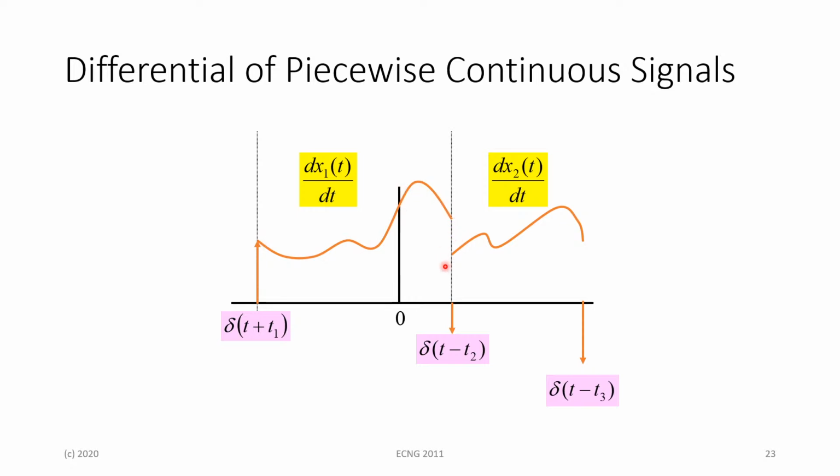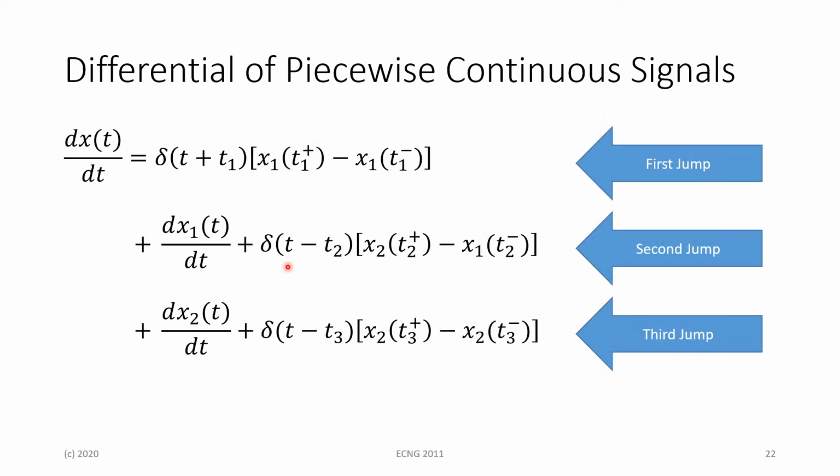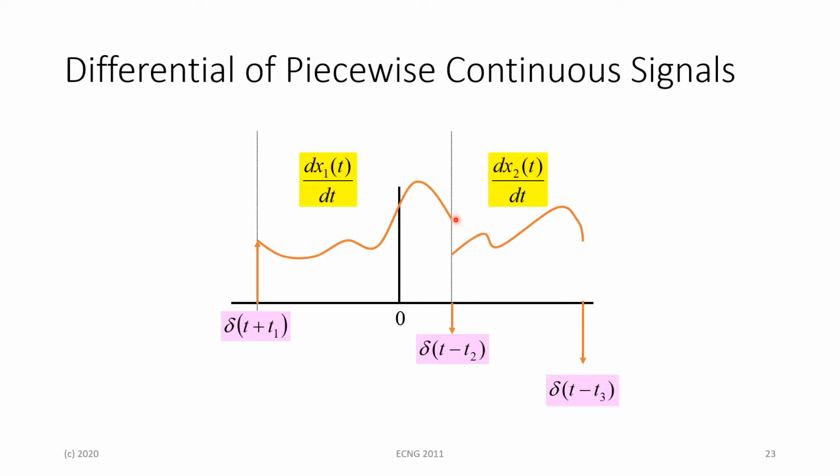And then our second jump, which was delta of t minus t2 times x2 t2 positive minus x1 t2 negative, represents our change here from our previous signal here to this signal here. So our previous signal here being x1 and our new signal here being x2. Because we moved from a higher magnitude here to a lower magnitude, the resultant impulse is going to be negative in nature.